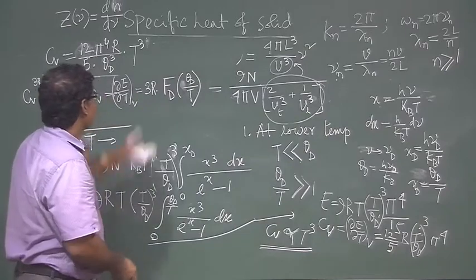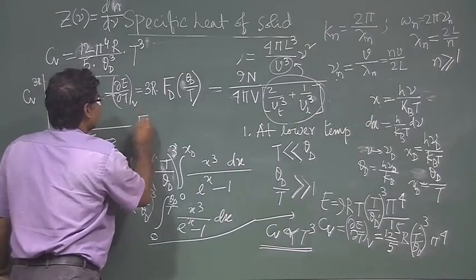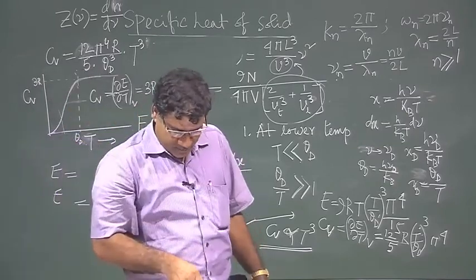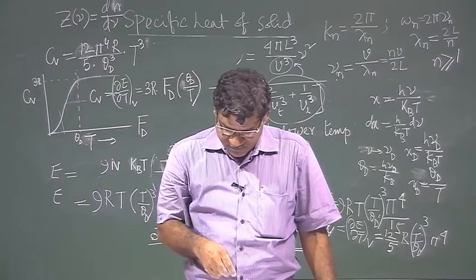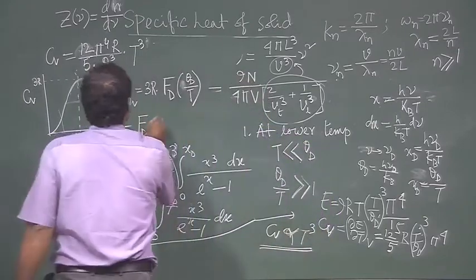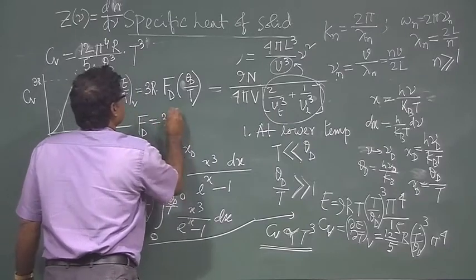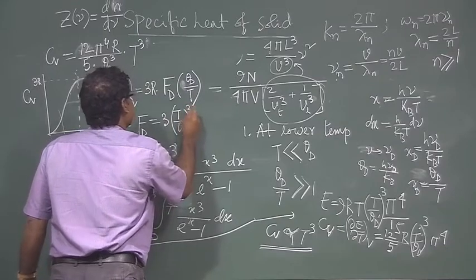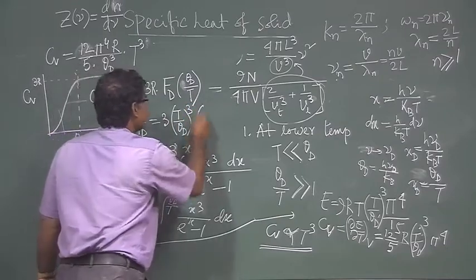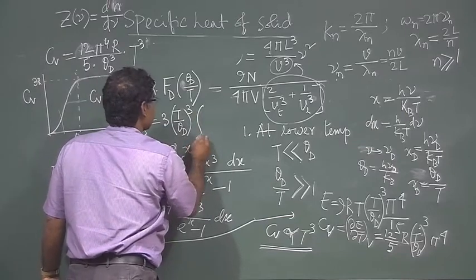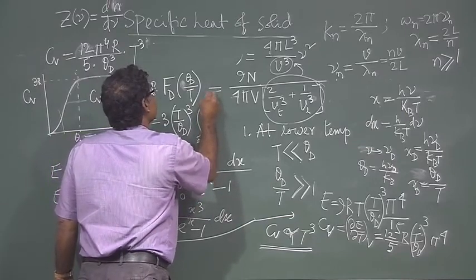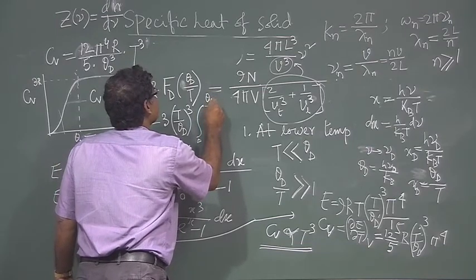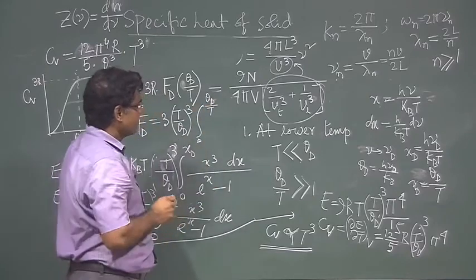Okay. So, what is that form of this Debye function φ_D? I will just write it. So, 3 T by θ_D cube, okay, and then the integration will be there from 0 to θ_D by T, right.